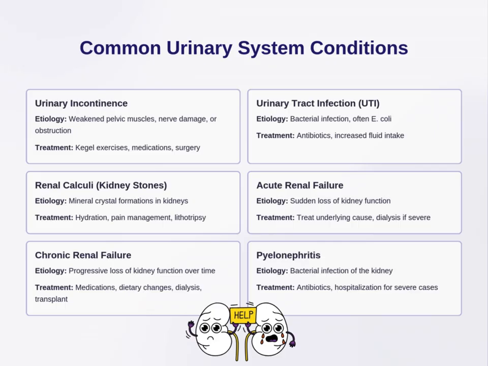Urinary tract infections, or UTI. The most common cause of a UTI is E. coli. E. coli is a bacteria that normally lives in the colon, and it's supposed to be there, but it is not supposed to be in the urinary tract. And that happens frequently from wiping the wrong way, so wiping front to back and getting fecal matter into the urinary tract.